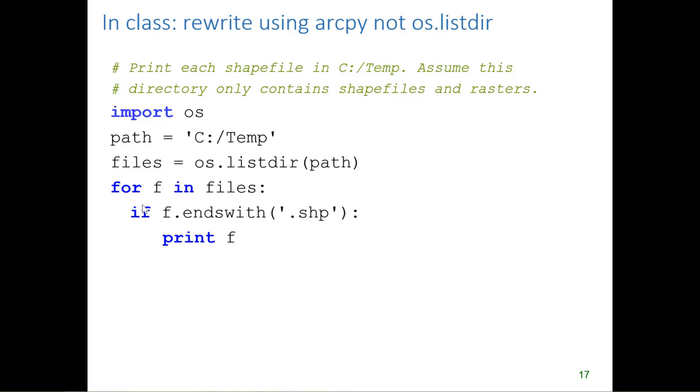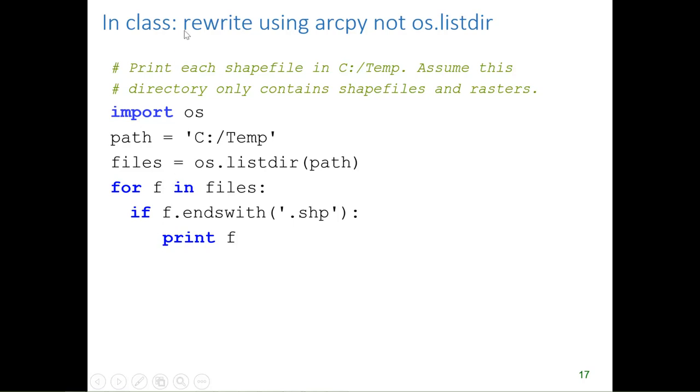And then we can check that if it ends with .shp, and only print it out if it ends with .shp. Okay, so we have a loop here, and then we have an indented conditional block and the indented print statement.